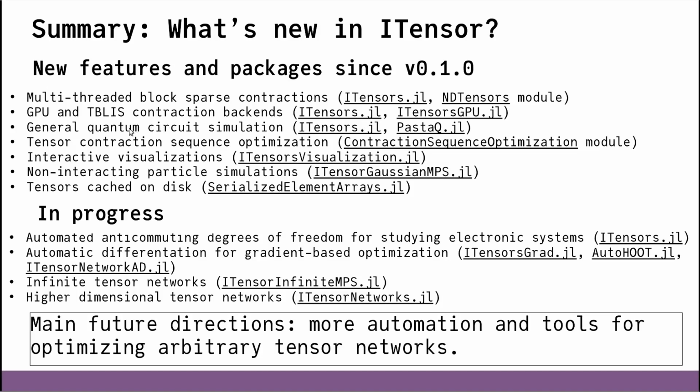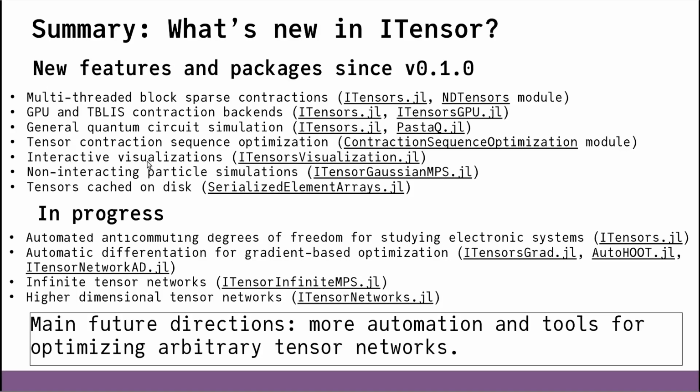A high-level interface for simulating quantum circuits, as well as analyzing the outputs of a quantum computer using tomography, which is available both in ITensors.jl as well as PastaQ.jl. Tensor contraction sequence optimization, which is available within a module in ITensors.jl, as well as in external packages that we're interfacing, such as AutoHOOT.jl.